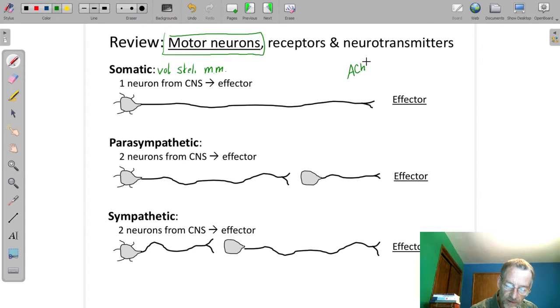This is review from last quarter, and it is released from the axon terminals. So these are axons, of course. And the receptor that's on the effector, so again, the effector here would be skeletal muscle cells, is a nicotinic receptor.